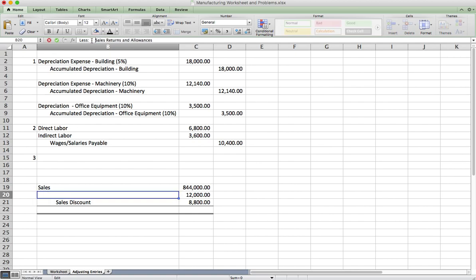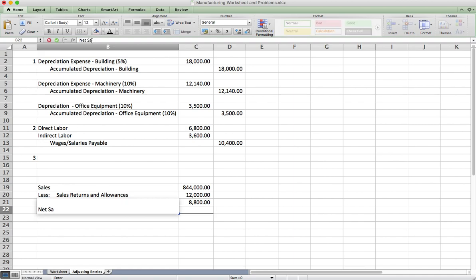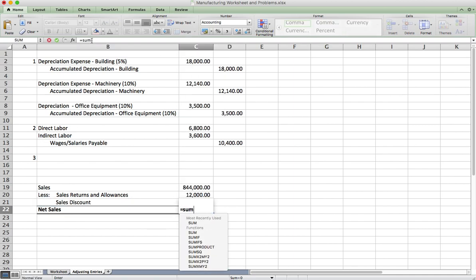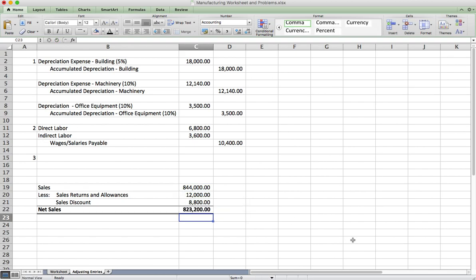Okay. Magkano ngayon ang net sales natin? Ay, bakit mali? 844 less sum ng dalawa. Yan. 823,200.